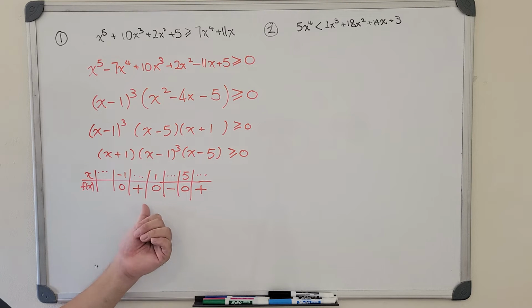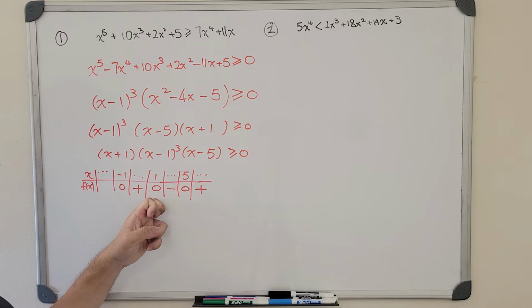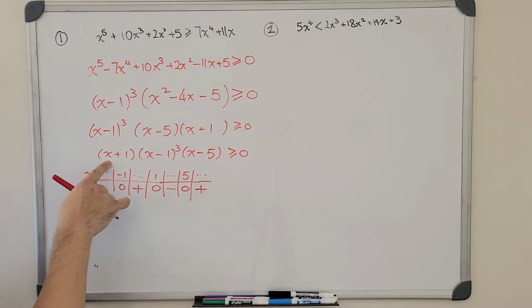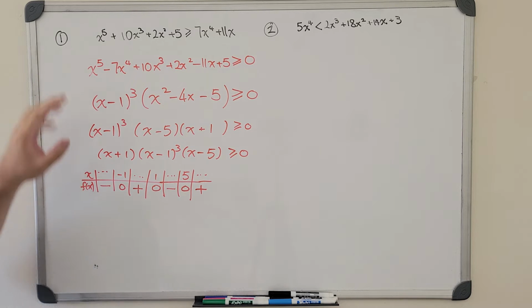So it means that it has to be positive before hitting the point, and then it turns down to negative. Now, last but not least, we need to check this one as well. So again, this is degree 1, an odd degree, so we also have a sign change here. We end up with negative here.